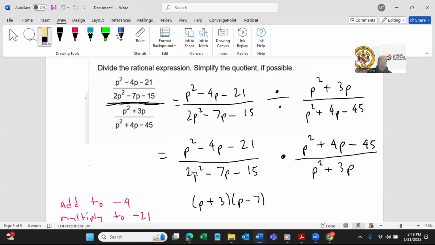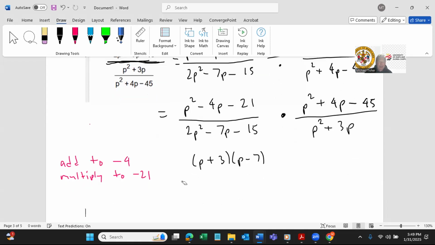So here, in 2p squared minus 7p minus 15, the coefficient of p squared is a 2, which is more complicated to deal with. So let's just use symbollab.com to get the answer.